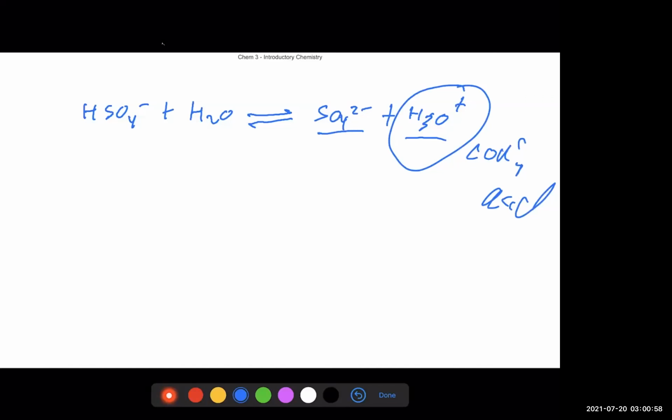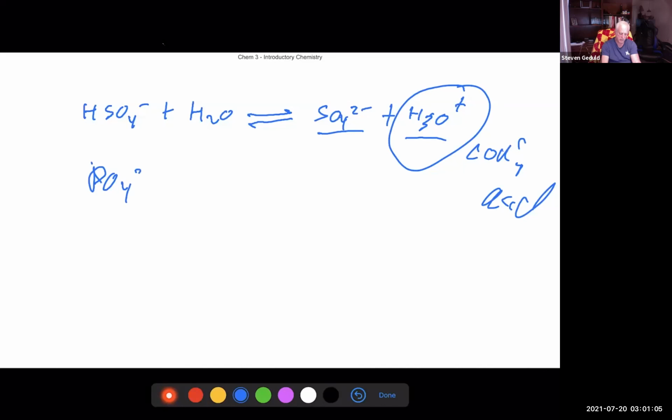Okay, perfect. And then PO4 3 minus, your phosphate ion, plus water goes to, it has to accept protons. So this goes to HPO4 2 minus plus OH minus.